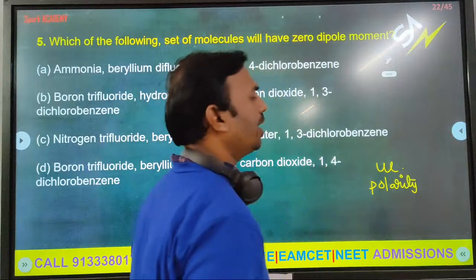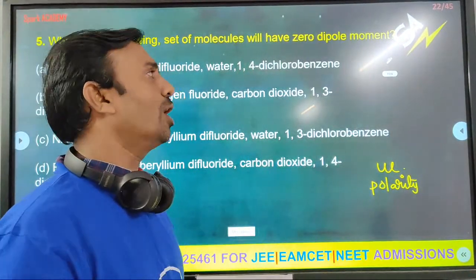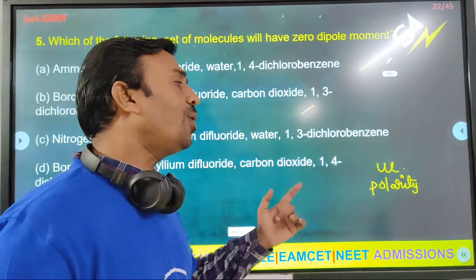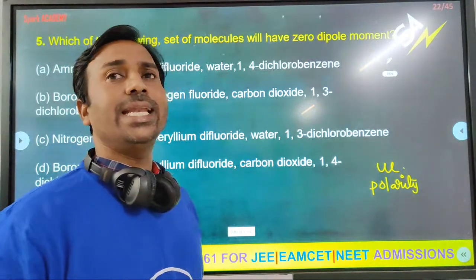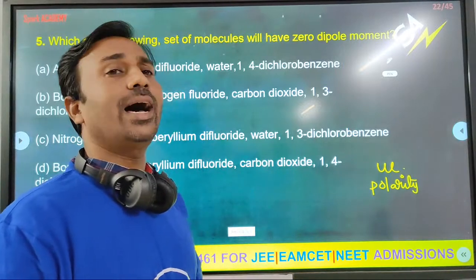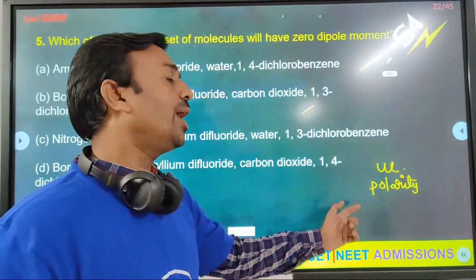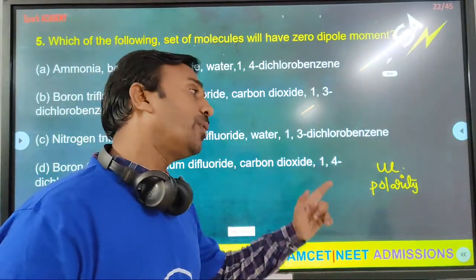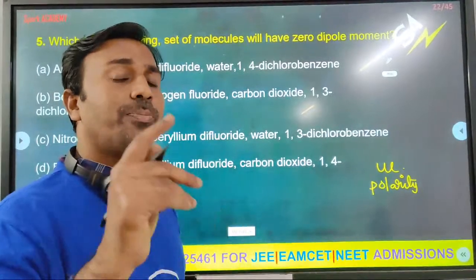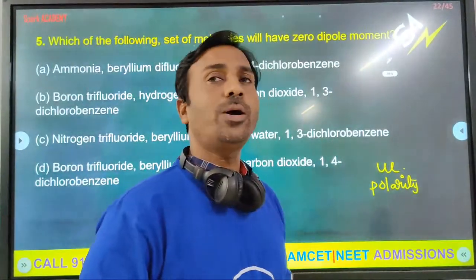Covalent molecules are of two types, polar and non-polar. Actually, covalent compounds are non-ionic compounds, but due to the electronegativity difference, polarity is present. Such polarity is called the ionic character of covalent compounds.